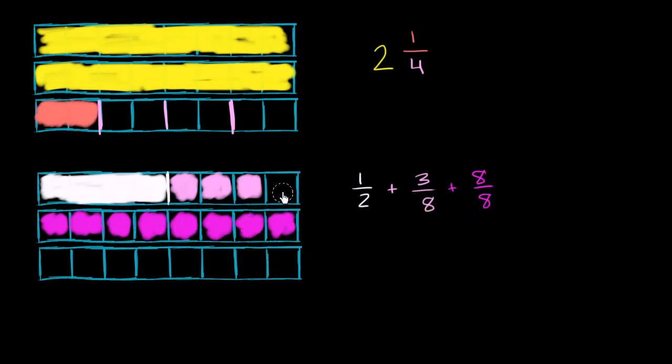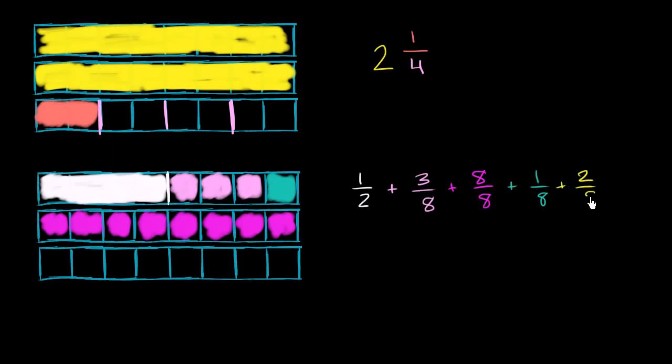So that's 8/8. I want to make this one a whole because I want to get to 2. So let me put in a 1/8 there. So plus 1/8. Well, that's going to be this one right over here. So that's my 1/8. And then let's add another, I don't know, 2/8.